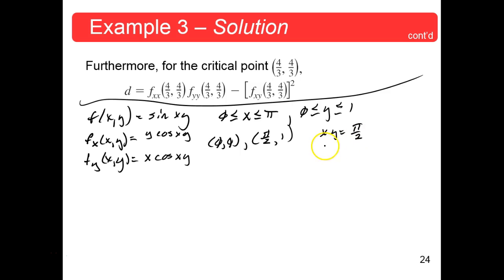Okay, so that means x is equal to pi halves over y, and certainly 1 would work, but if y was 1/2, that would work too.